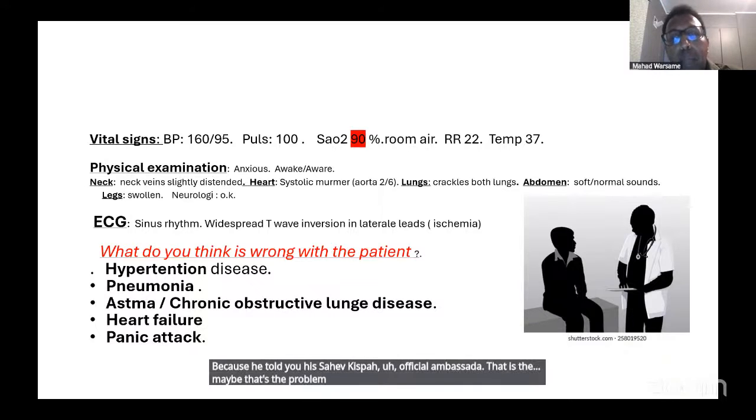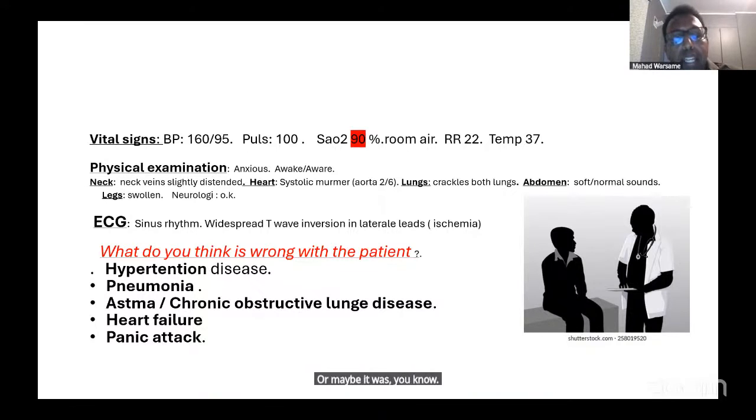Or because he smokes, it could be a chronic obstructive lung disease, probably superimposed with infection. So it could be heart failure. Or maybe he has a panic attack. So you think about that, and then what's your next step?